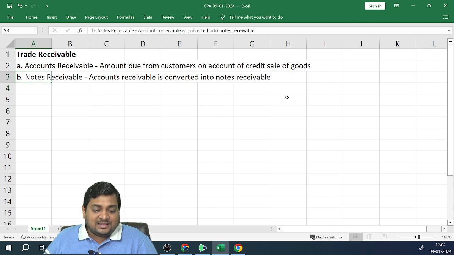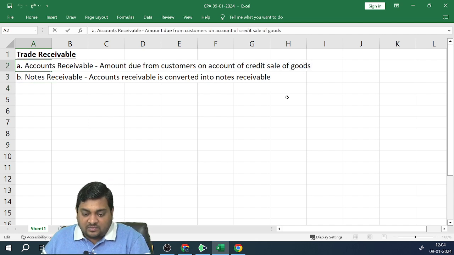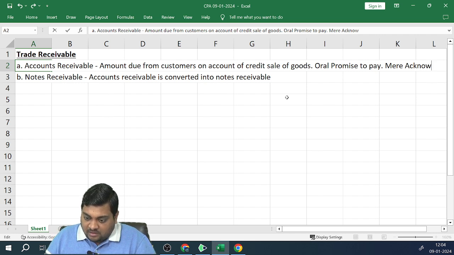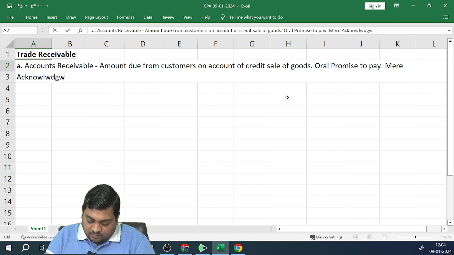Now, in case of accounts receivable, it is an oral promise to pay, that is, mere acknowledgement, right?